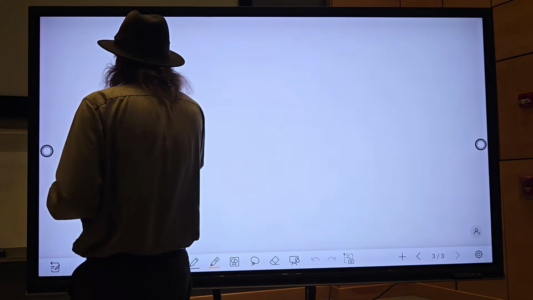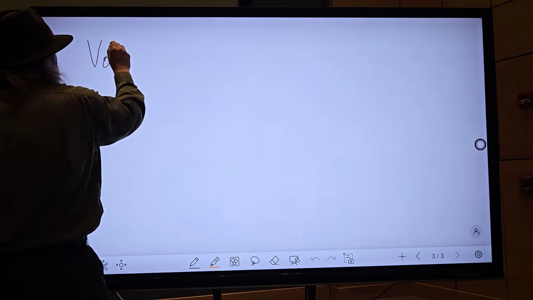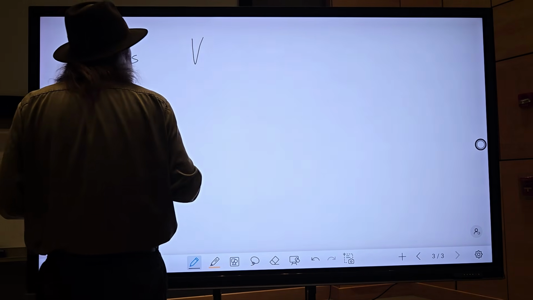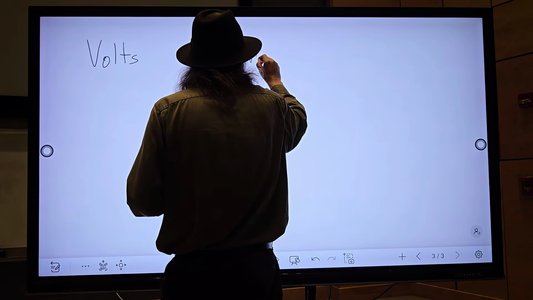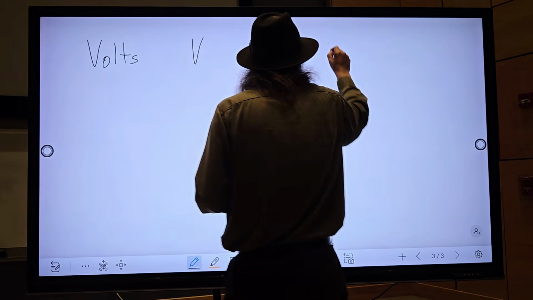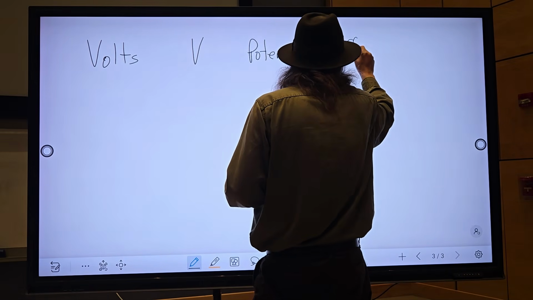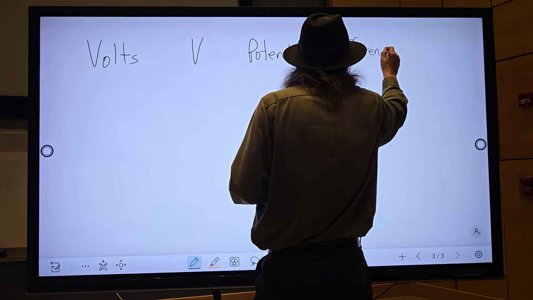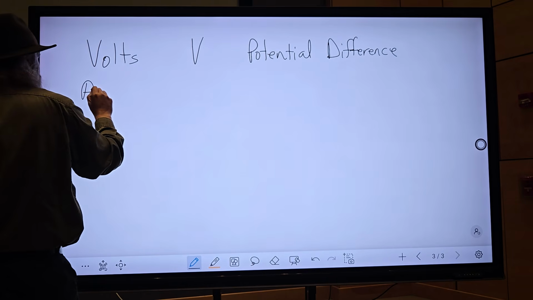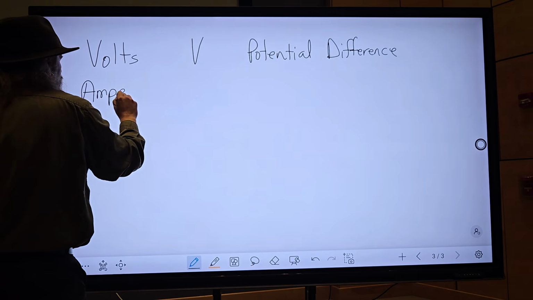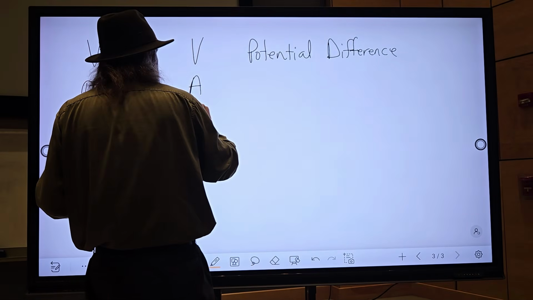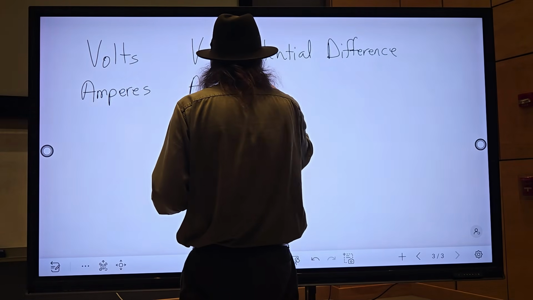we already talked about volts, or V, for potential difference. And amps, or amperes, which is big A, and that is current.